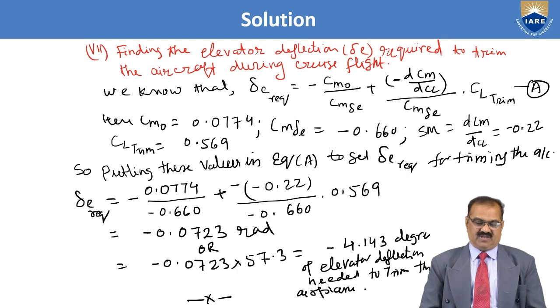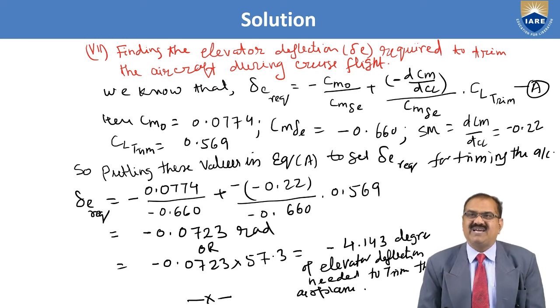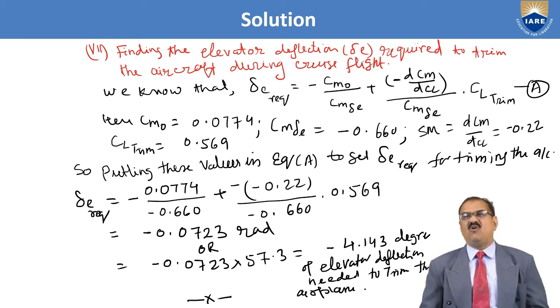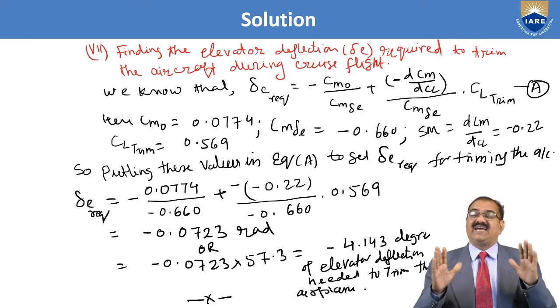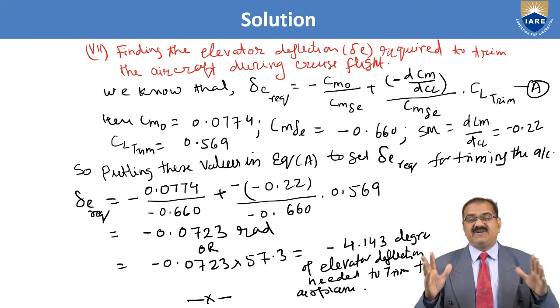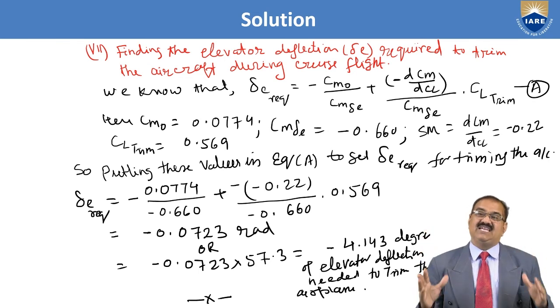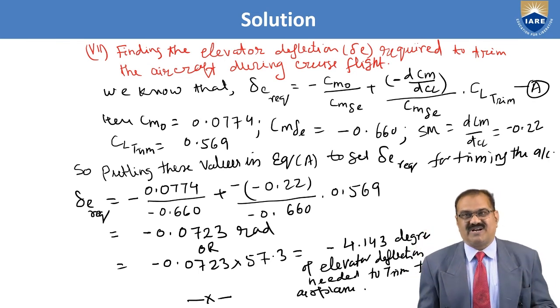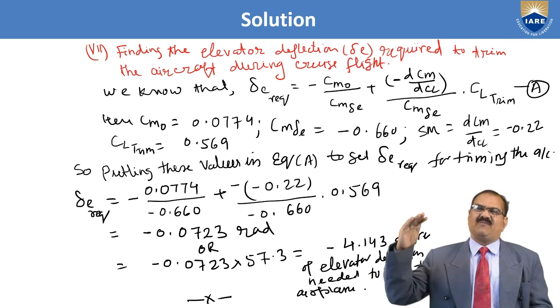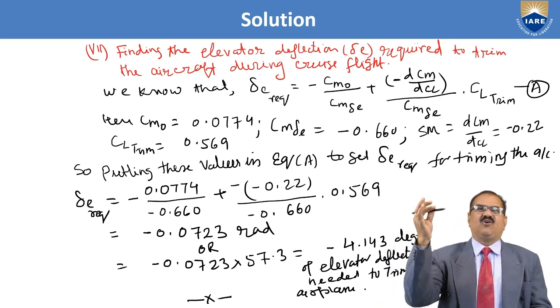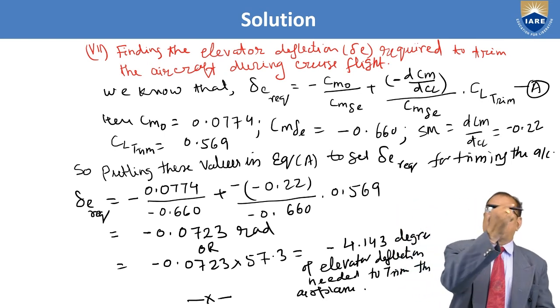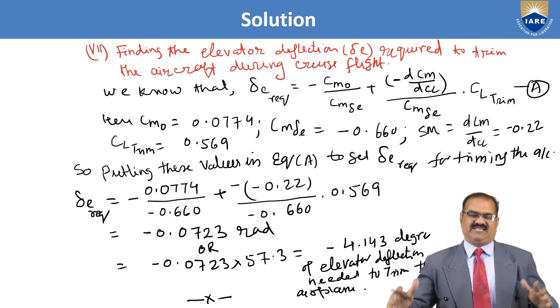Now next, we have to find the elevator deflection, delta E, required to trim the aircraft during cruise flight. How much delta E is required in this given condition so that the aircraft can be trimmed? Trimmed means there should not be any residual forces and moments. The aircraft is flying smoothly, with no moment and no extra forces, at the same height.